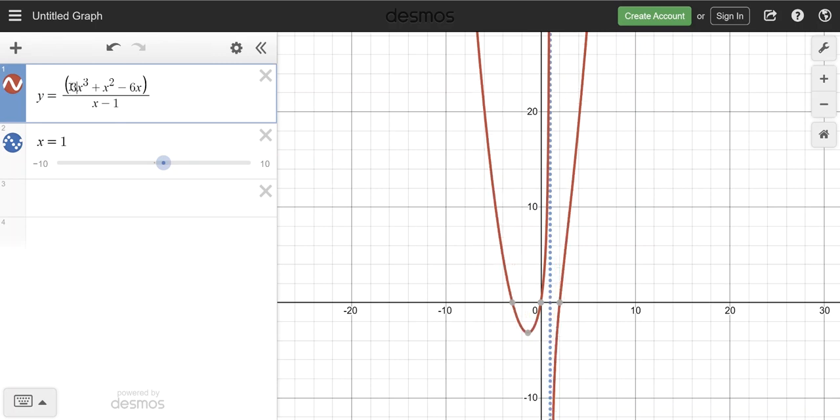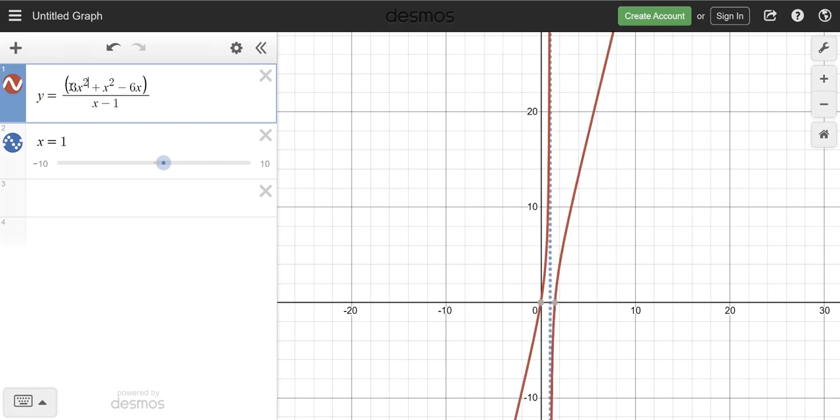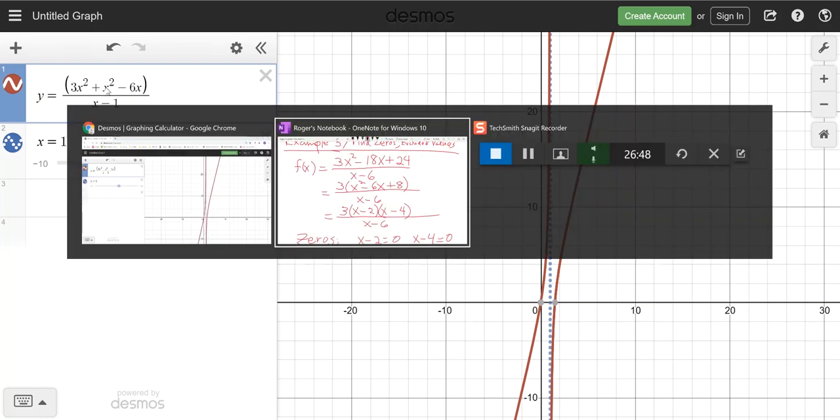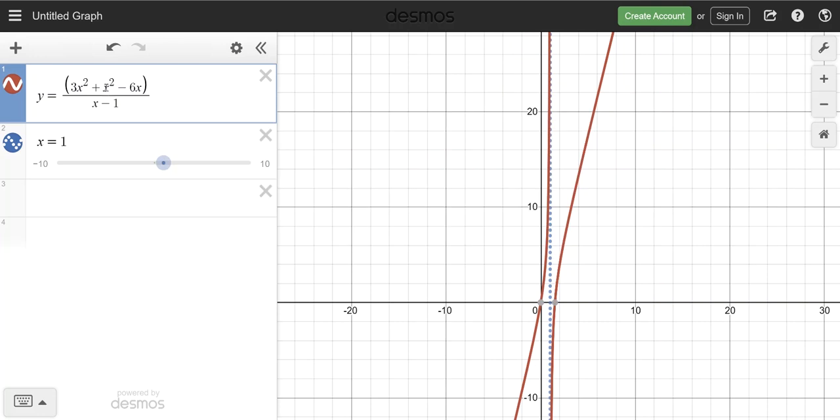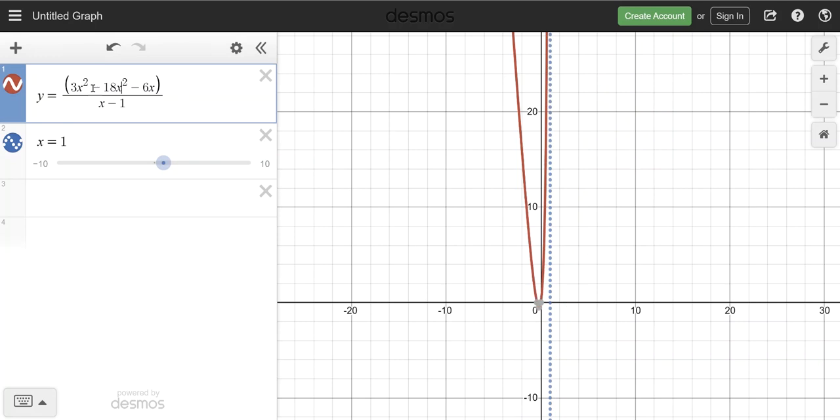Instead of cubed, we'll put a 2: 3x squared minus 18x plus 24, all divided by x minus 6. There we go.